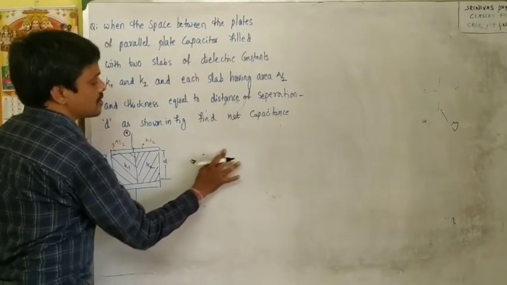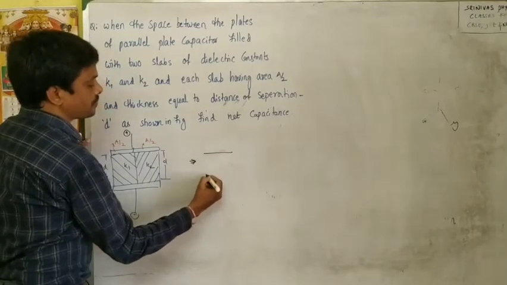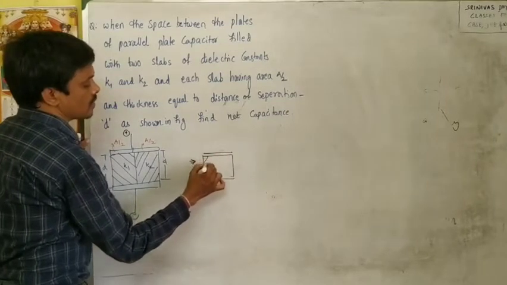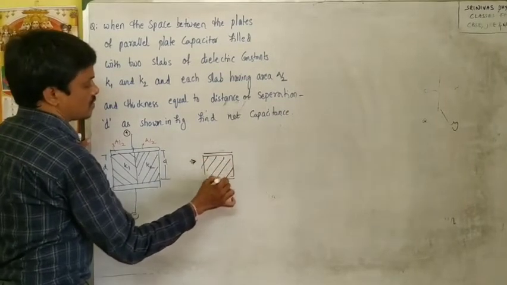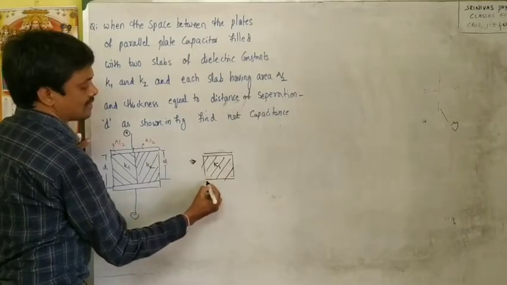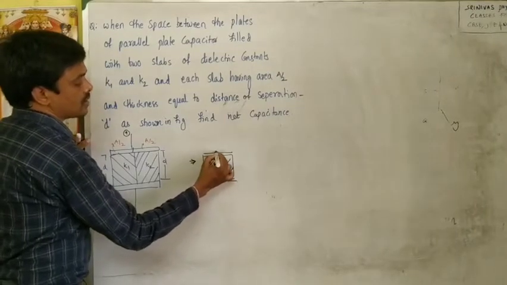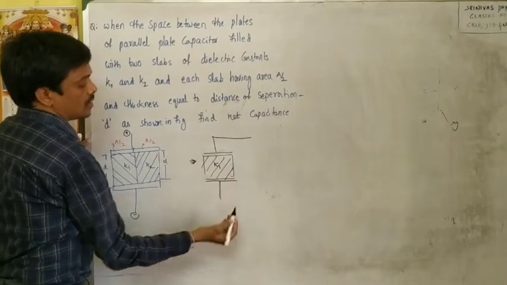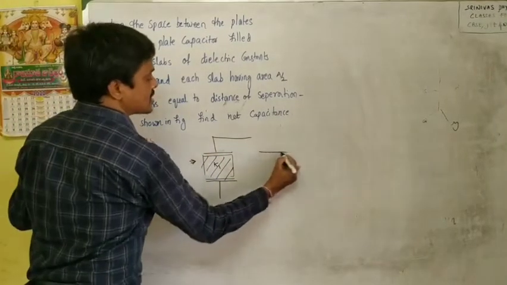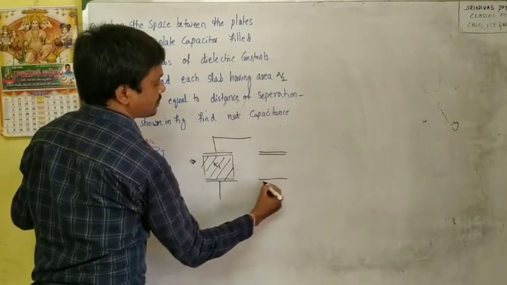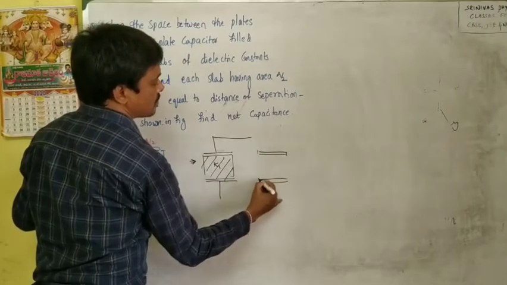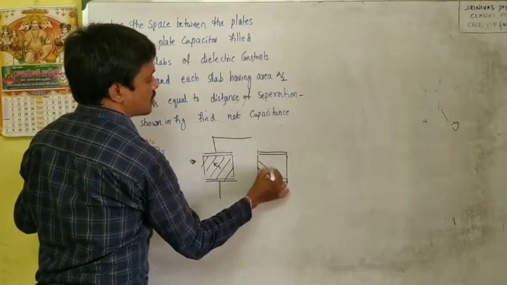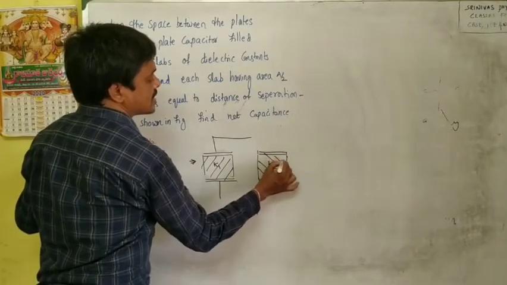This is the first capacitor, whose dielectric constant is K1. And this is the second capacitor. Its dielectric constant is K2.